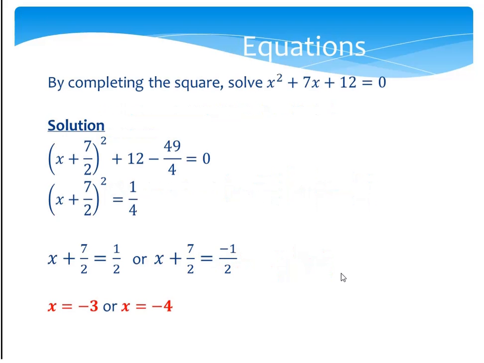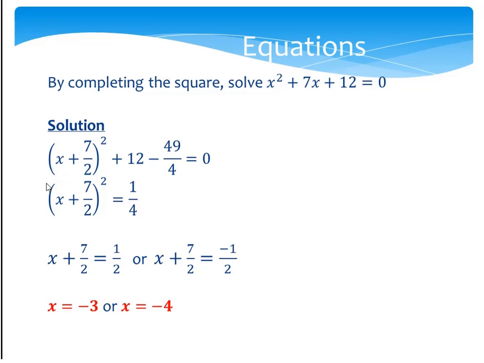In our next example, we want to solve an equation using the completing the square method. So we are going to solve x squared plus 7x plus 12 is equal to 0. Firstly, we are going to complete the square on the left hand side, on x squared plus 7x plus 12.